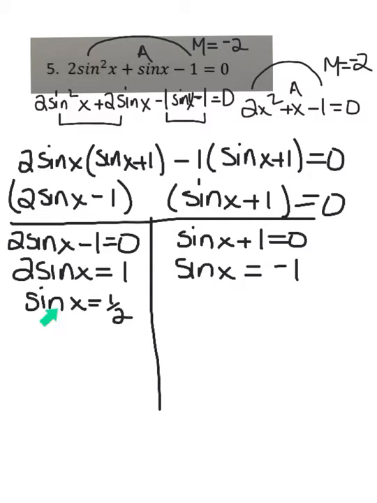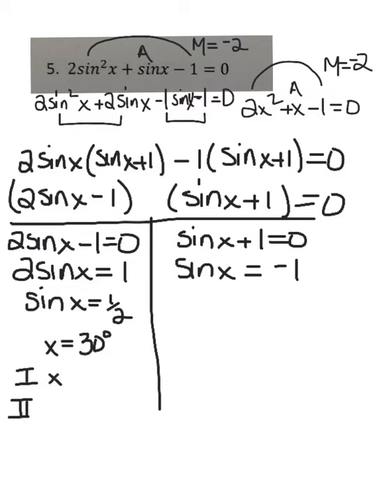Okay, so let's just go back here. Now remember that I am looking for an angle whose sine is 1/2. So at this point, you really should have that memorized, and you should know that that's 30 degrees. Now that value of 1/2 is positive. So remember, sine is positive in the first quadrant and the second quadrant.